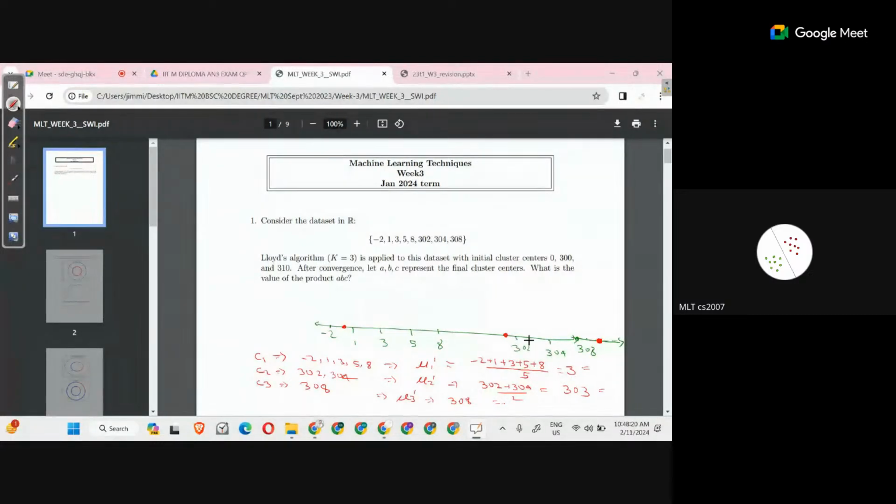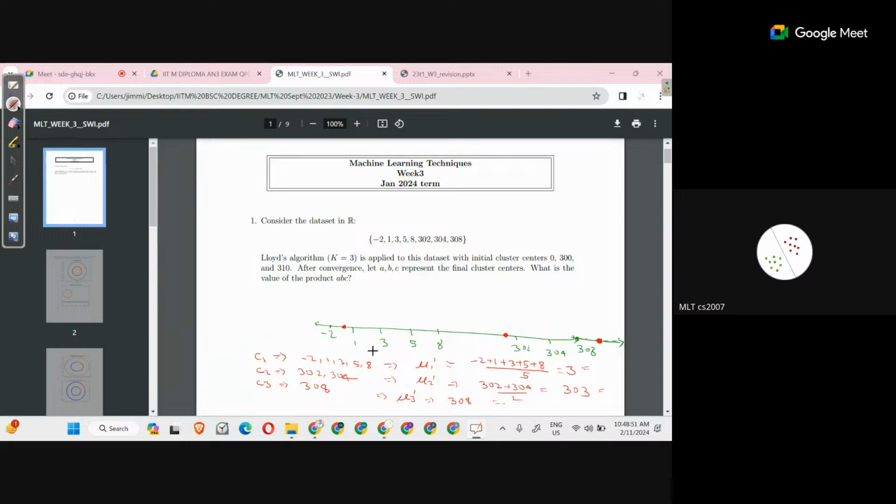Any point which is not happy with its current cluster center? No. 304 is just 1 unit away from 303, and 302 is also one step away. These points are too far from these two cluster centers, 303 and 308. So these will be the final clusters.